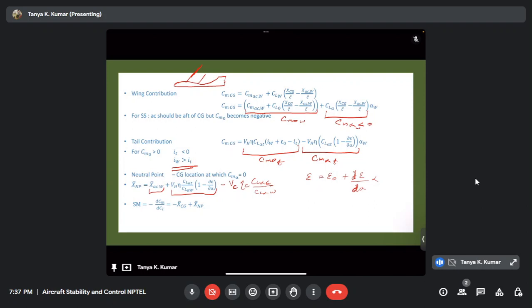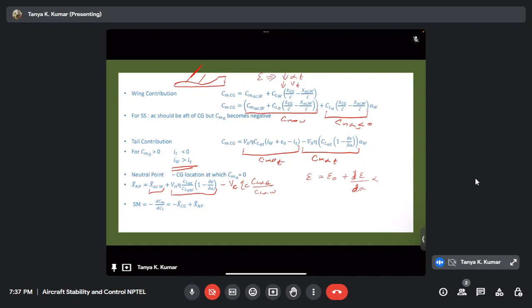Right? What does downwash do? What effect does it have? It reduces the effective angle of attack at the tail. It reduces the angle of attack at the tail, and reduces the velocity at the tail. So the oncoming free stream velocity seen at the wing is different from the free stream velocity that the tail sees because of these vortices, because the tail is in the wake of the wing, right?